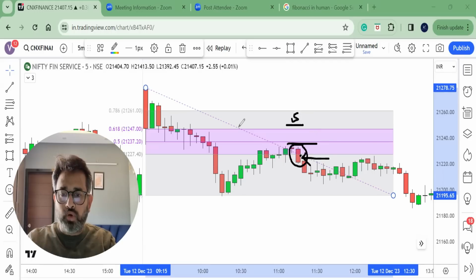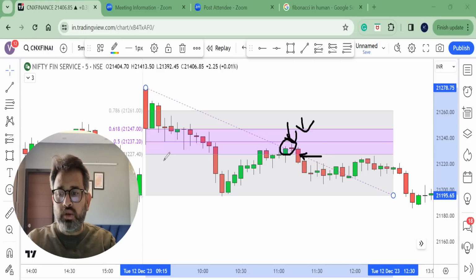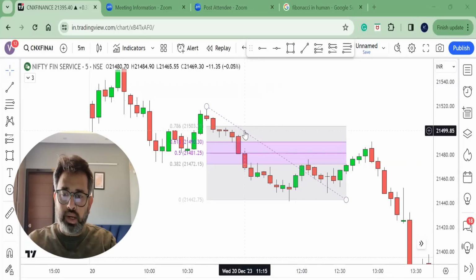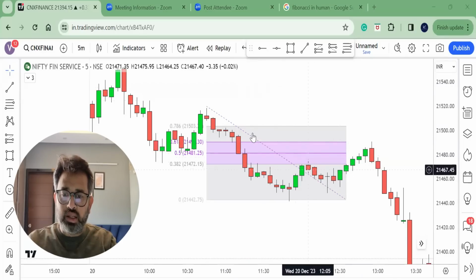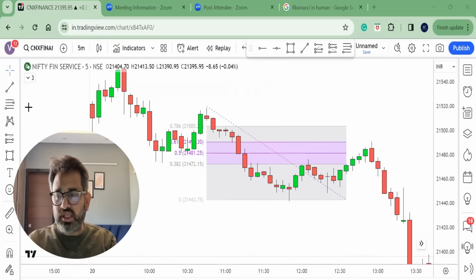Another thing is, for example, when the trend is very strong, in that case, you will not see price even coming near 0.5 or even 0.618. It can reverse directly from 0.382. For example, look at this chart. Trend was very strong. You can see that the candle did not even touch 0.5 or 0.618. It reversed from 0.382 only. So in such a case, what I suggest is only go for half position.